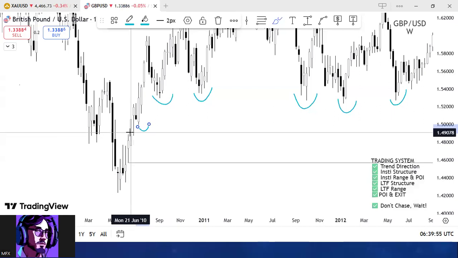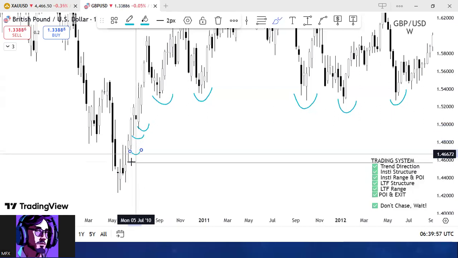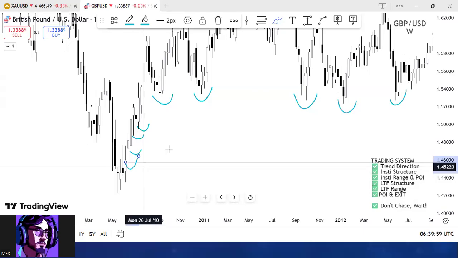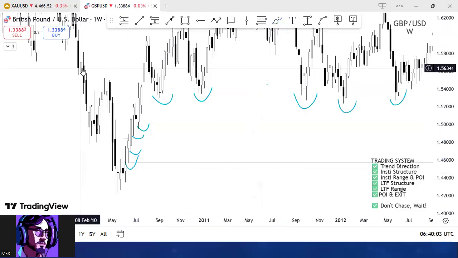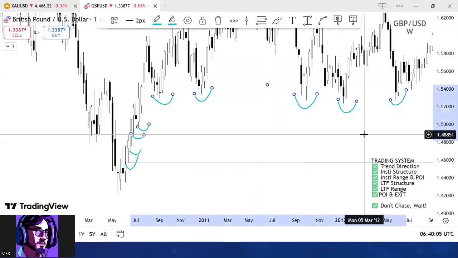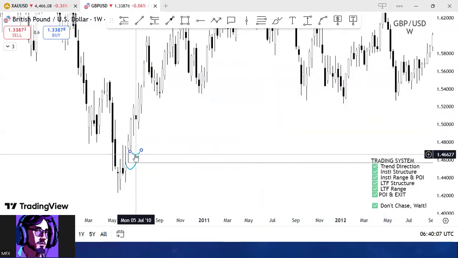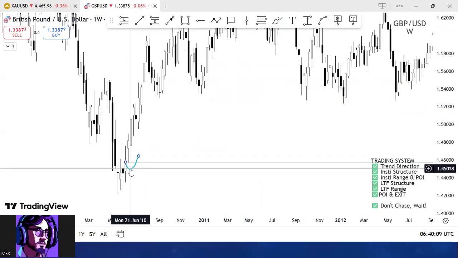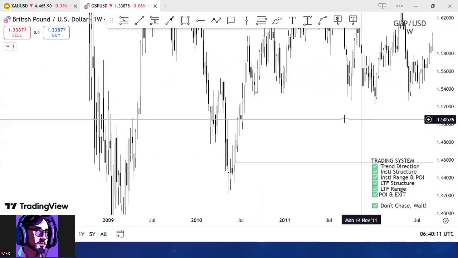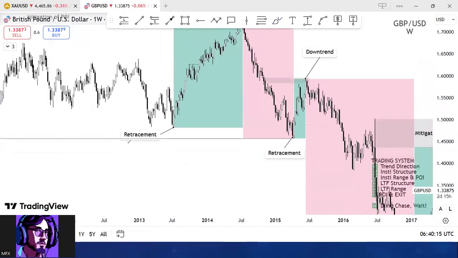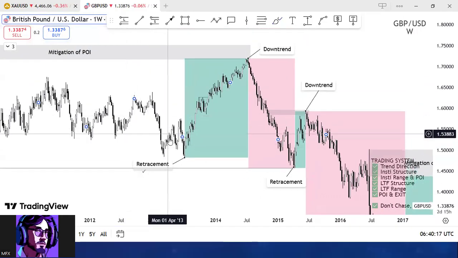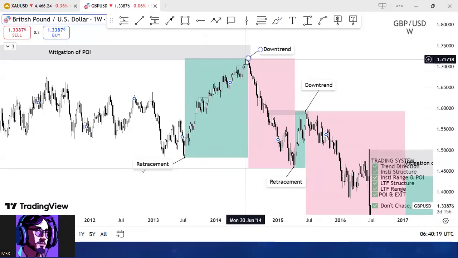There's liquidity here, liquidity, liquidity. At every swing high or low, there is liquidity. So this was a liquidity gap that happened here. After this, it was bullish price.